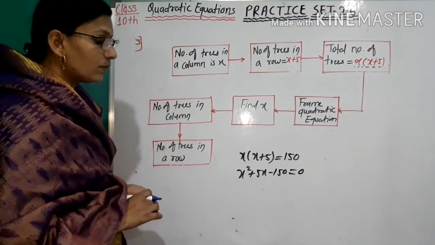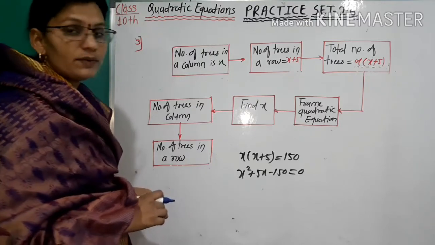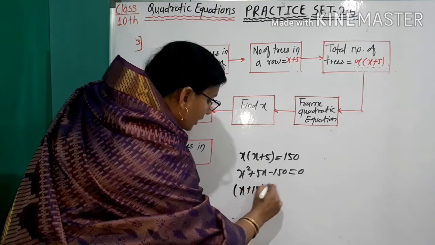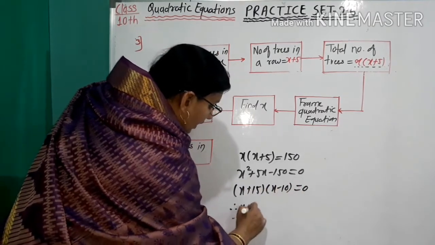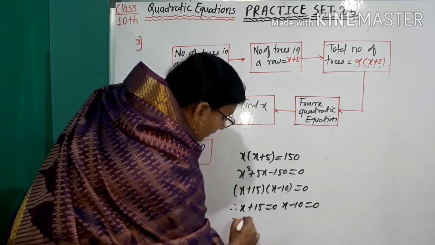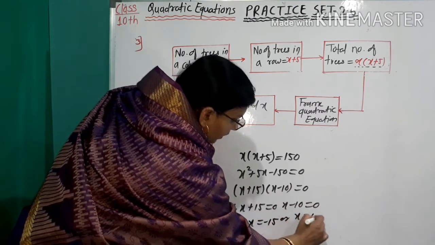Then take the factors of minus 150 whose difference is 5. The factors are 15 and 10. So the factors are x plus 15 and x minus 10 equal to 0. Therefore x plus 15 equal to 0 or x minus 10 equal to 0. Therefore x equal to minus 15 or x equal to 10.